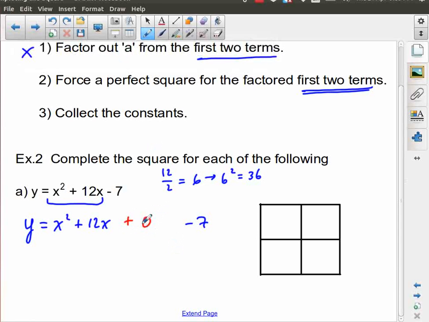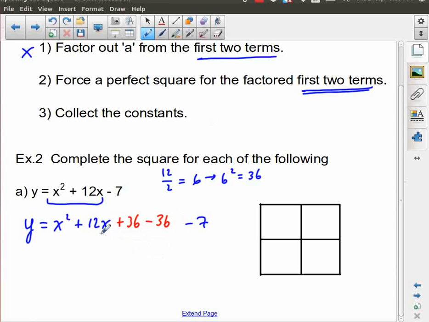Sure, I'm adding 0. But I don't want to actually add 0, I want to add 36. To add 36, I have to also take away 36. And this is the same as adding 0, which is perfectly legitimate.